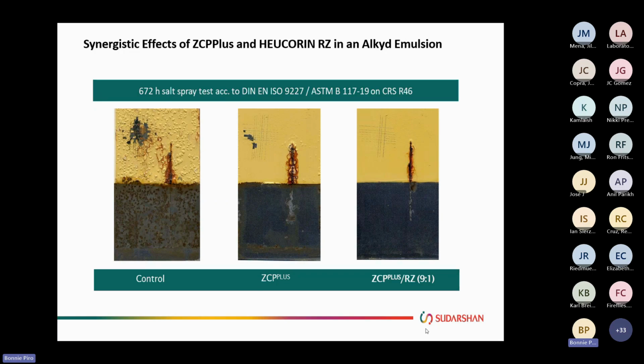But once you have that synergistic effect with the ZC plus and the RZ, now you see a marked improvement in the cross with no removal, and also in the scribe there is an improvement. Again, the RZ is there to get that early on performance.